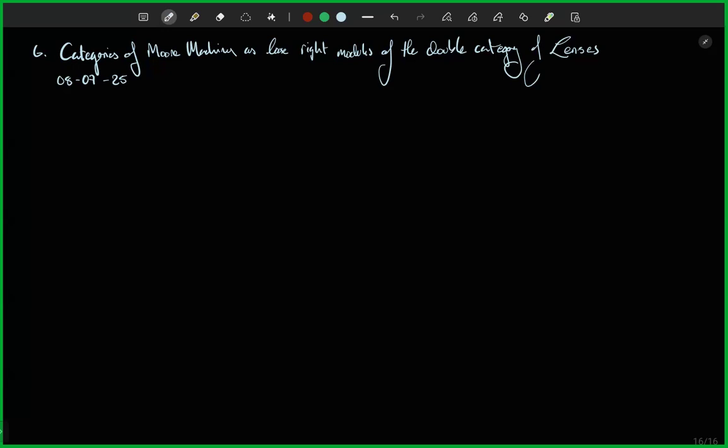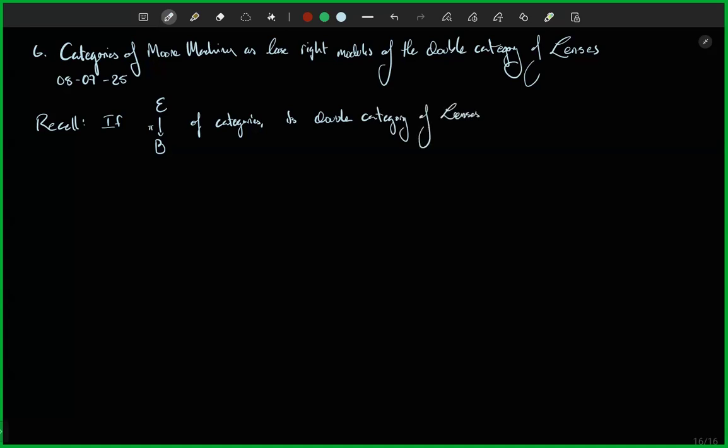So let's just recall, if we have a fibration π: E → B of categories, its double category of lenses, my double category is blackboard bold Lens.